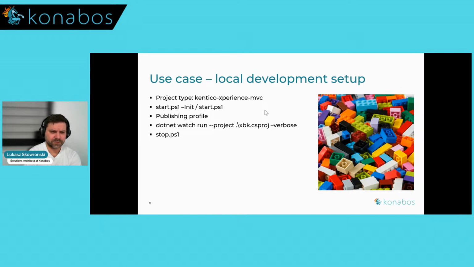To initialize that, you need to change the project type in the environment file to Kentico Experience MVC, which is an empty MVC project from Kentico. Then again, run the start script with the init flag or attribute, and then there will be some magic, or maybe not magic, but an additional step related to the publishing profile, which you have to create.